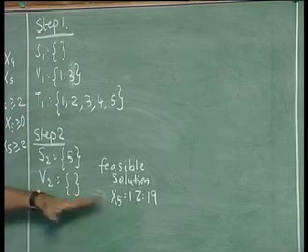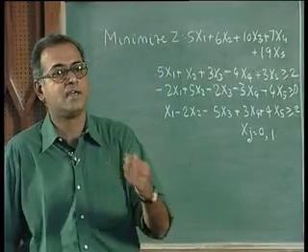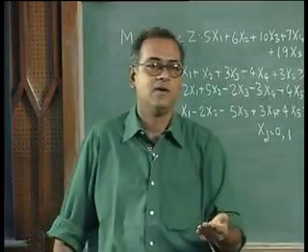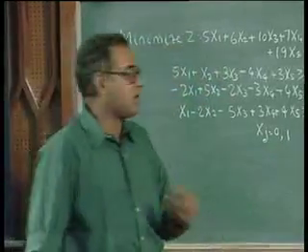So, we have got a feasible solution. Now, we need to check whether this feasible solution is optimal or whether there exists any other feasible solution with a better value, in this case a smaller value of the objective function. So, you do something called backtracking.